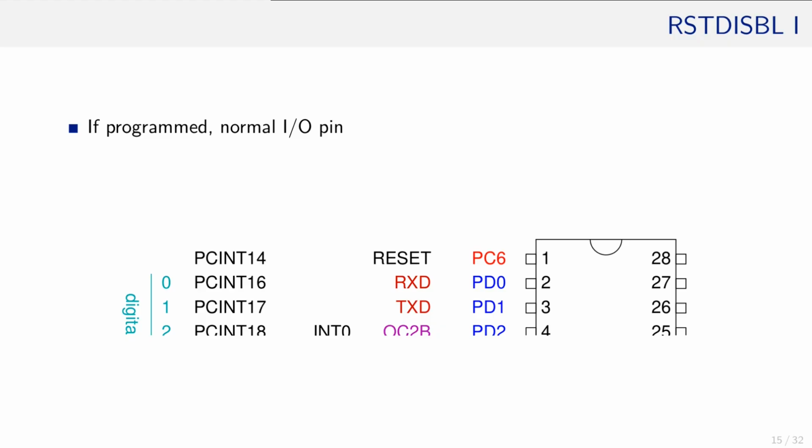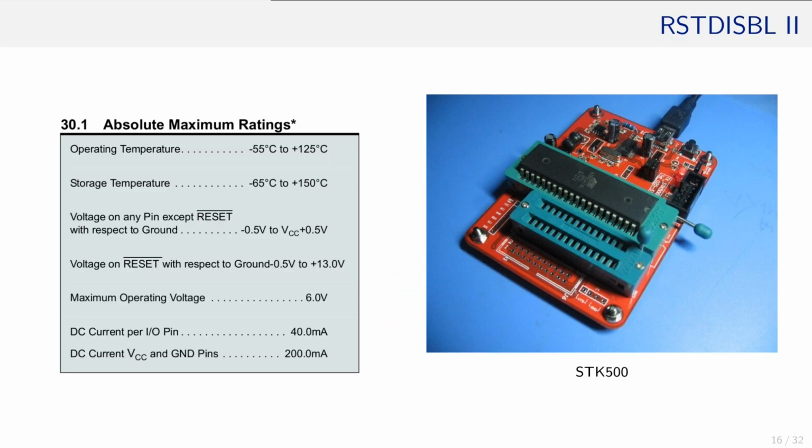The question is now, if the pin is a normal I/O pin, how is the ATmega reset? The answer lies in the electrical characteristics of PC6, which are slightly different compared to the other pins. It basically accepts 3 states instead of the binary 0 and 1. It accepts logical 0, logical 1, and a high voltage of 13 volt.